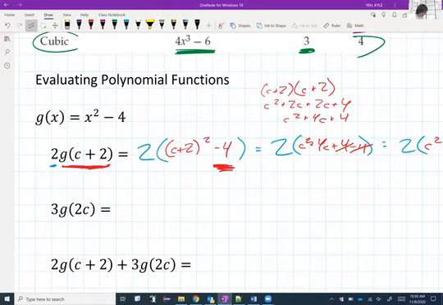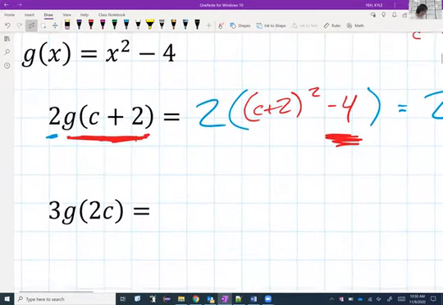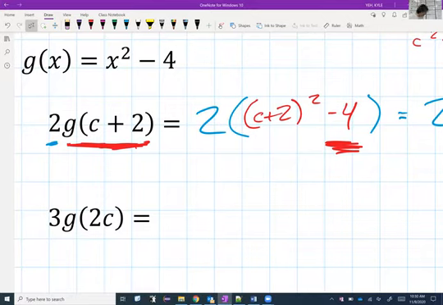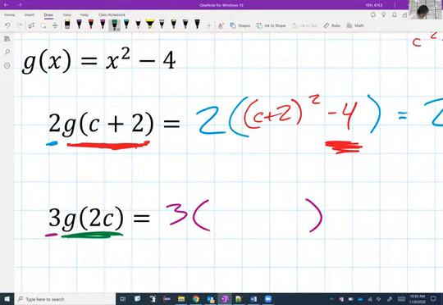Let's do another one. 3 times g of 2c. So we've got 3 times g of 2c. So what is g of 2c? Again, I'll plug in 2c there. 2c quantity squared minus 4.